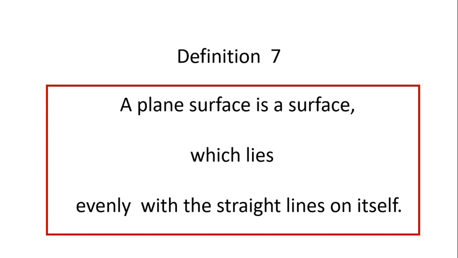If we can draw straight lines on any surface, then such a surface is called a plane surface. If you cannot draw straight lines on a surface, if you can draw only curved lines, then it is not a plane surface, it is not a flat surface. A plane surface means a perfectly leveled, flat surface.